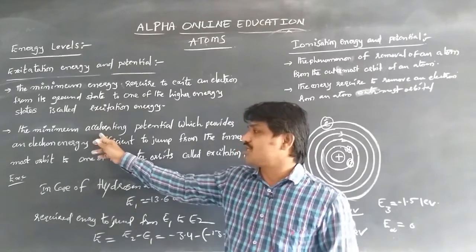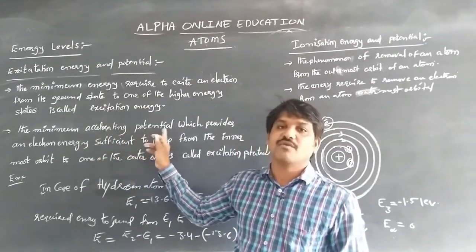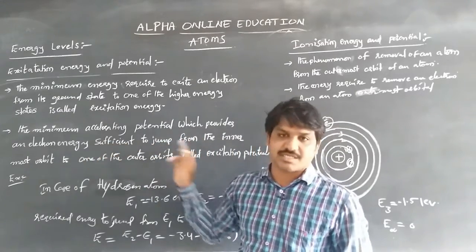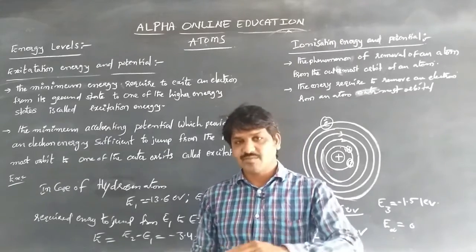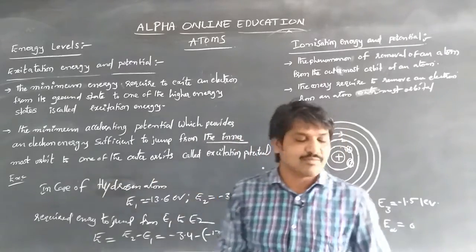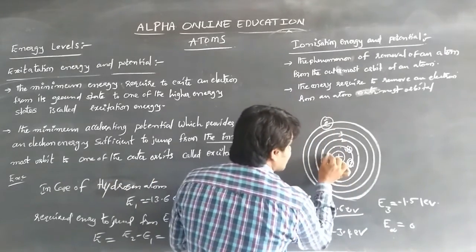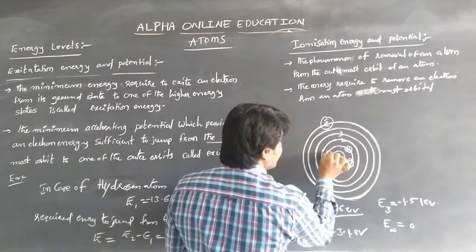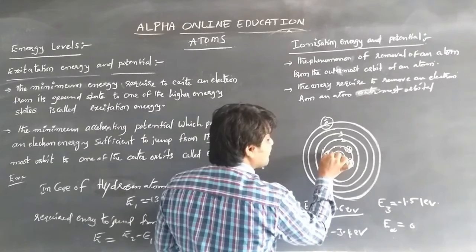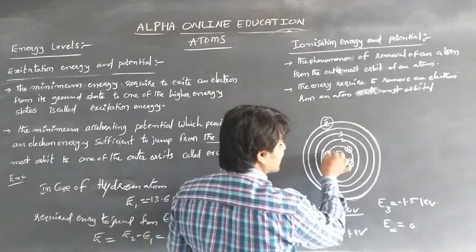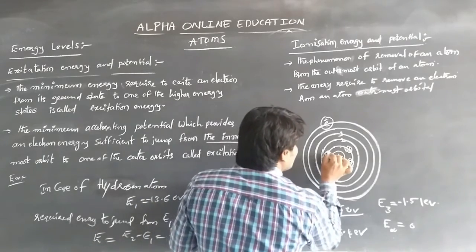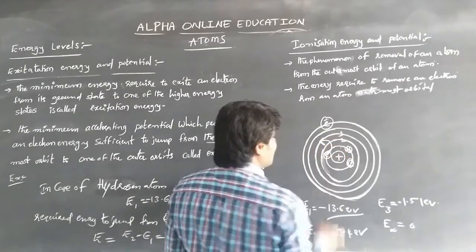The minimum accelerating potential provides the electron with sufficient energy to jump from the innermost orbit to one of the outer orbitals.